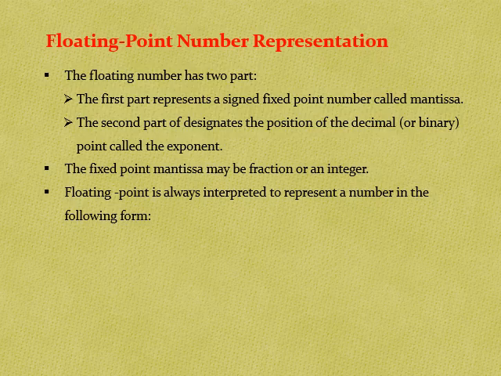The floating point is always interpreted to represent a number in the following form: m into r to the power e, where m is the mantissa, r is the radix, and e is the exponent part.